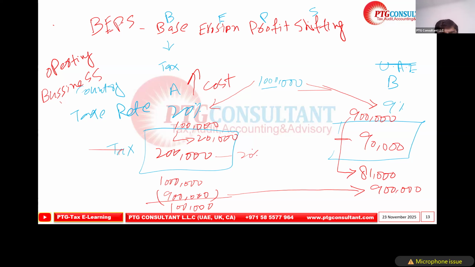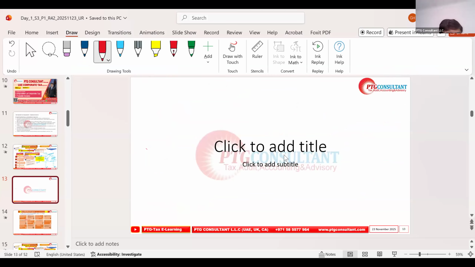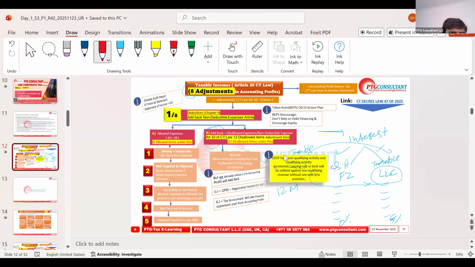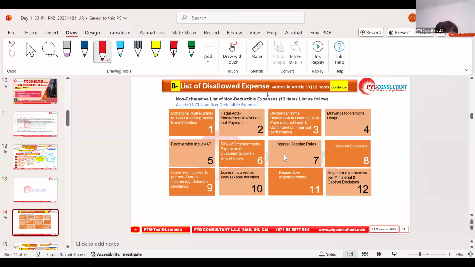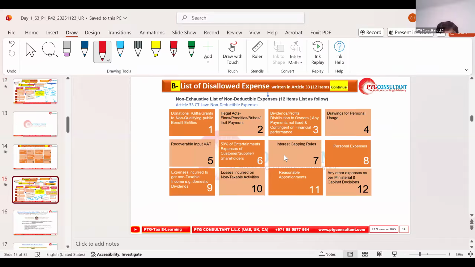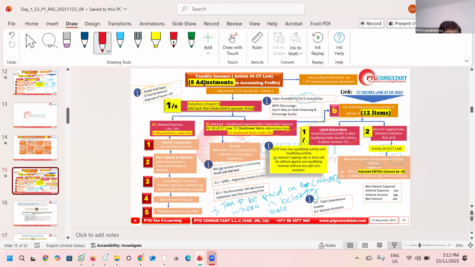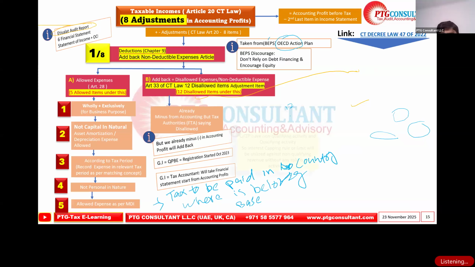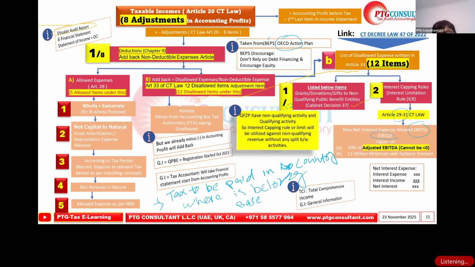Now, we are here now. This one we already discussed. This one we already discussed. Hope the BEPS is clear now.